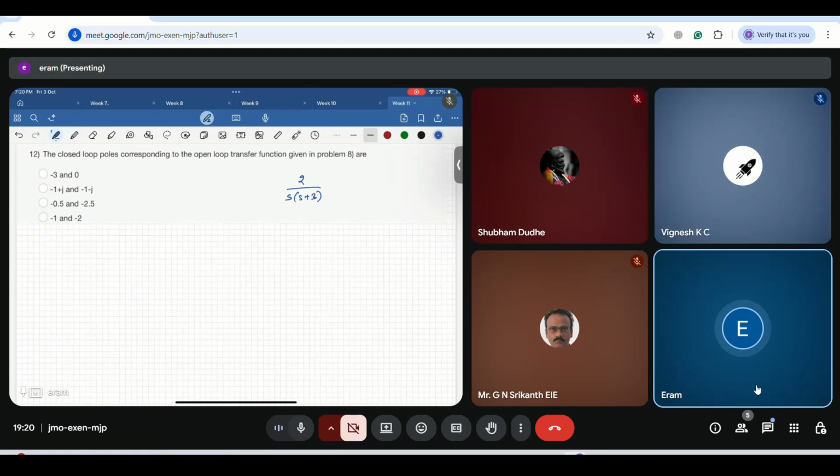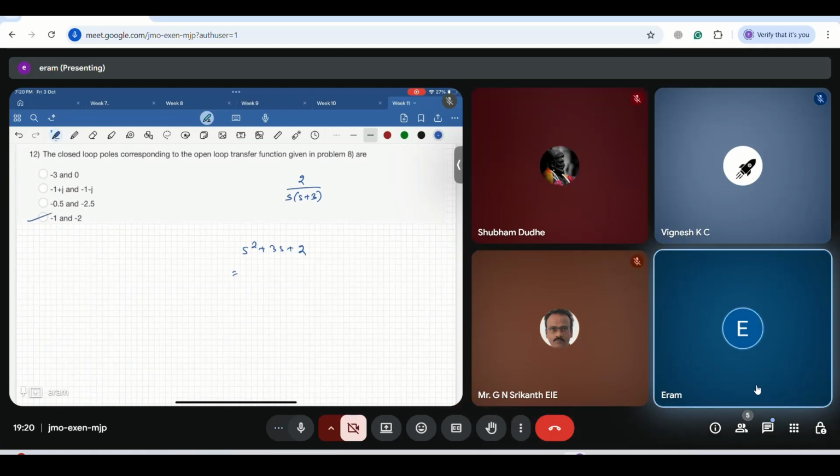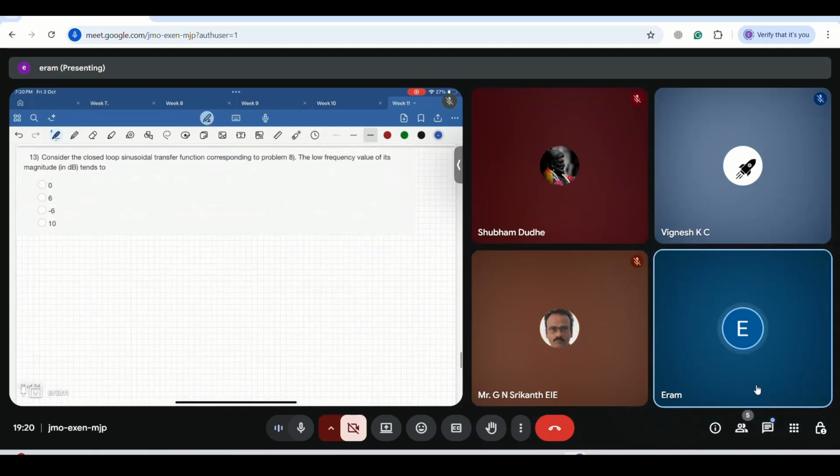The open loop poles are at 0 and minus 3. The closed loop poles will be from s square plus 3s plus 2. By looking at this, you can conclude that you have poles both in the LHP, at -1 and -2. Very simple.